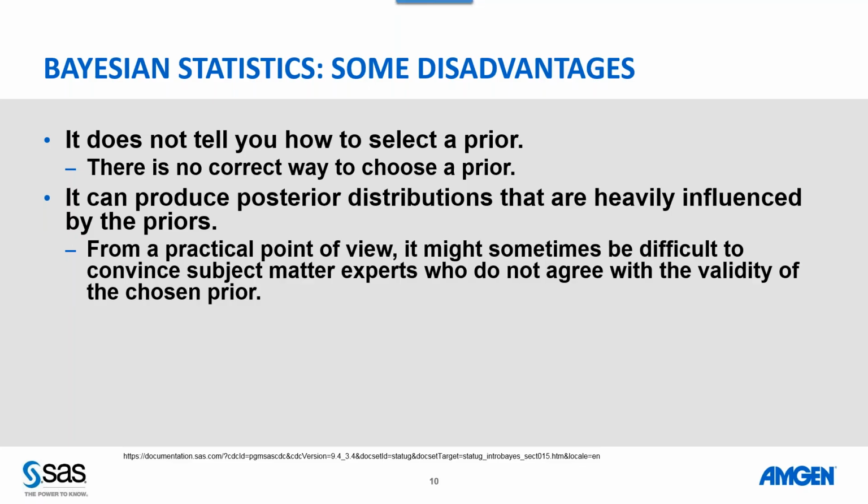Just to add on selecting the prior, this is why data-based informative priors are becoming more and more prevalent in practice. In the essence of scientific discovery, we are using information built from the past in the inference, whether we like it or not, for data that we are seeing in the future.